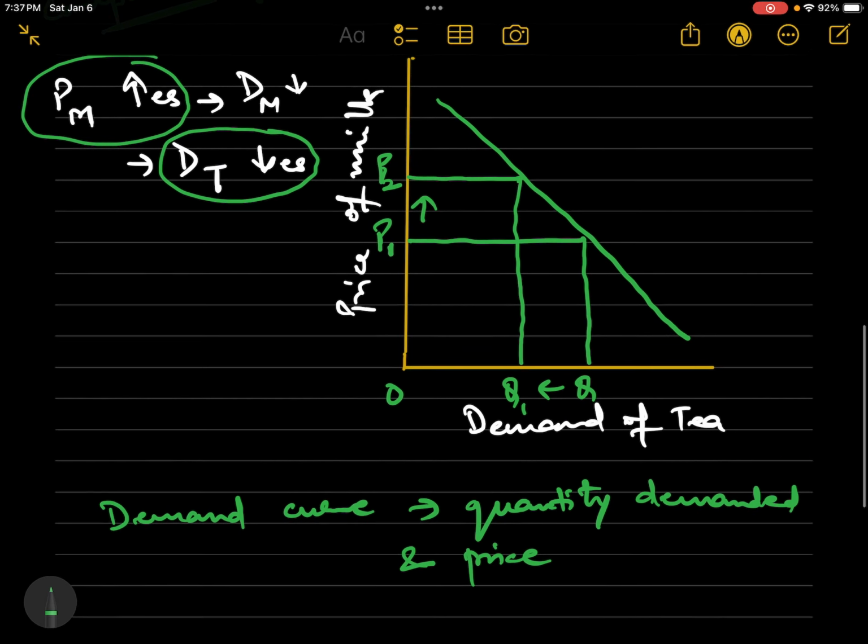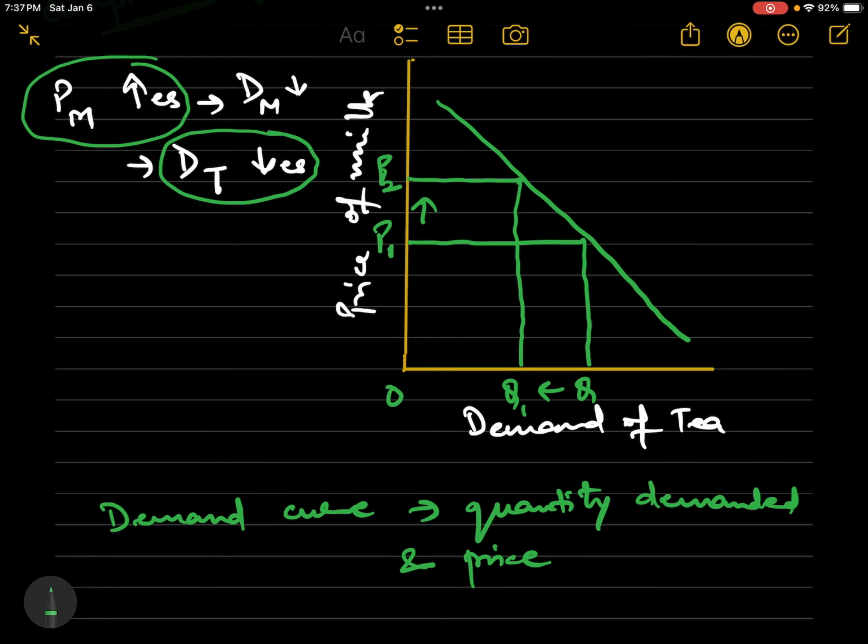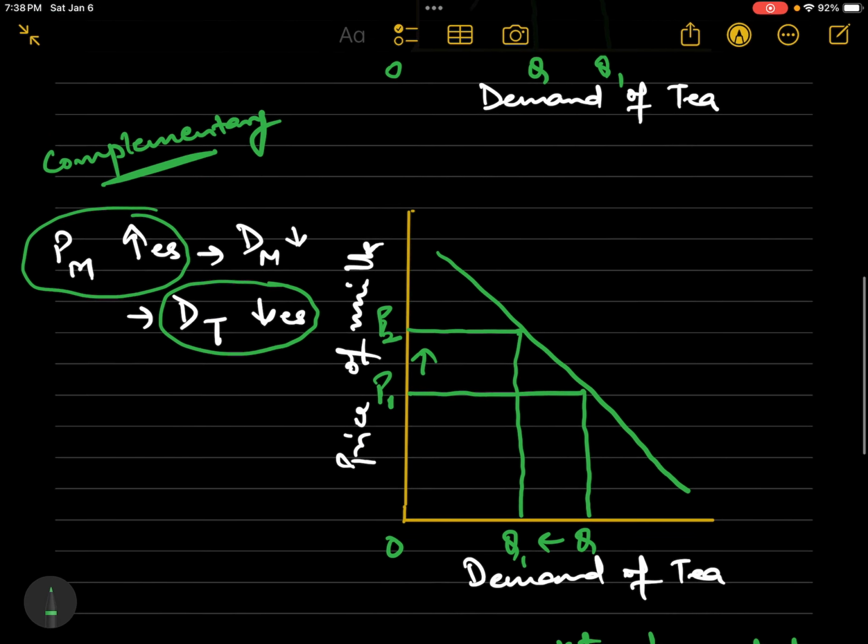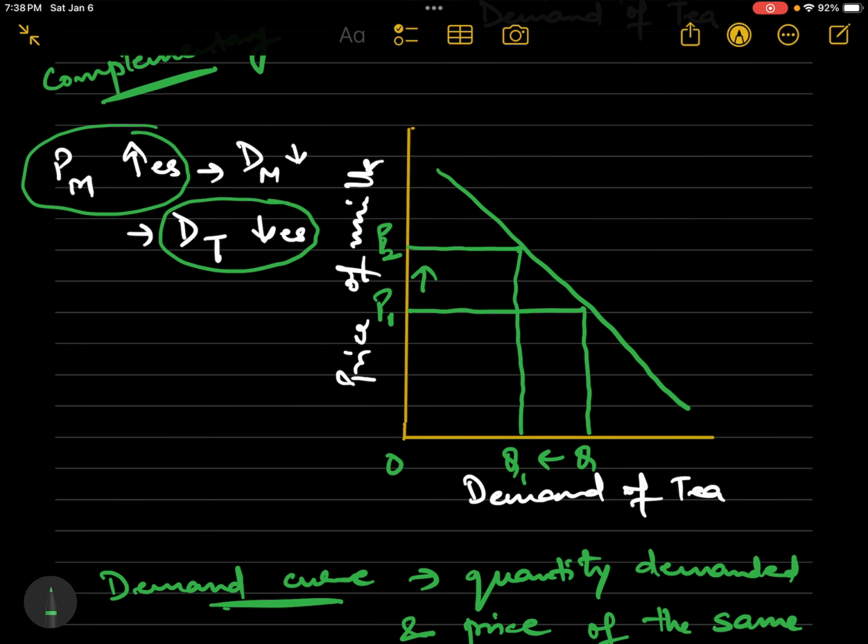These are just showing the relationship between demand for the given commodity and price of a related good. It is not of the same good. So a demand curve would have been when we are looking at quantity demanded and price of the same good. But in the above two graphs, note that these are not demand curves.